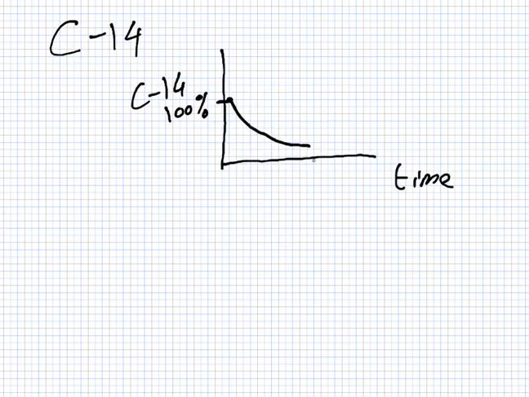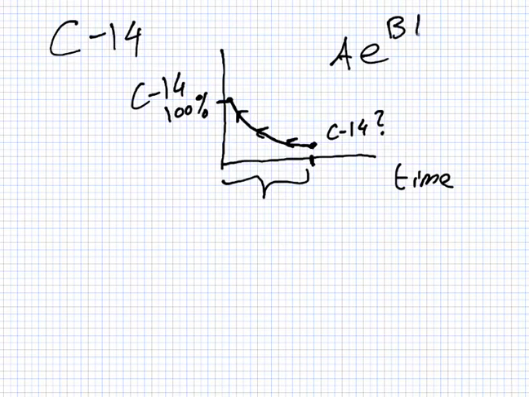What people do is when they find some animal that's dead, they look at how much carbon-14 is inside of it, and then they can work out backwards how long it was dead for. What's special about carbon-14 is this graph here is of the shape AEBT. It decreases exponentially.